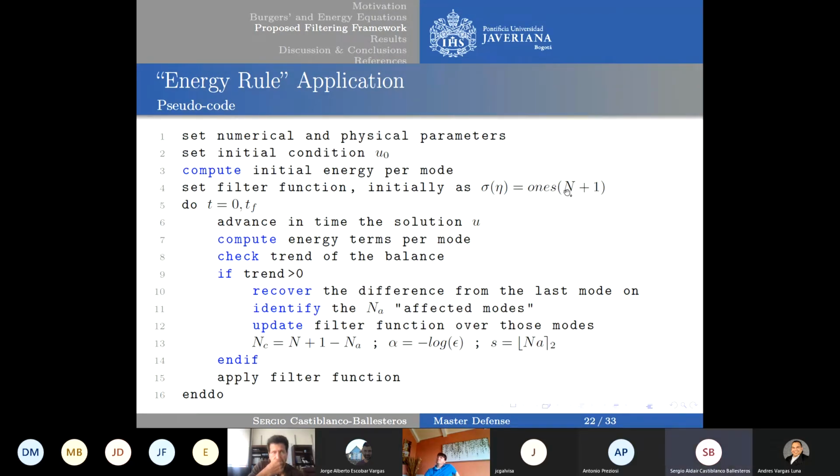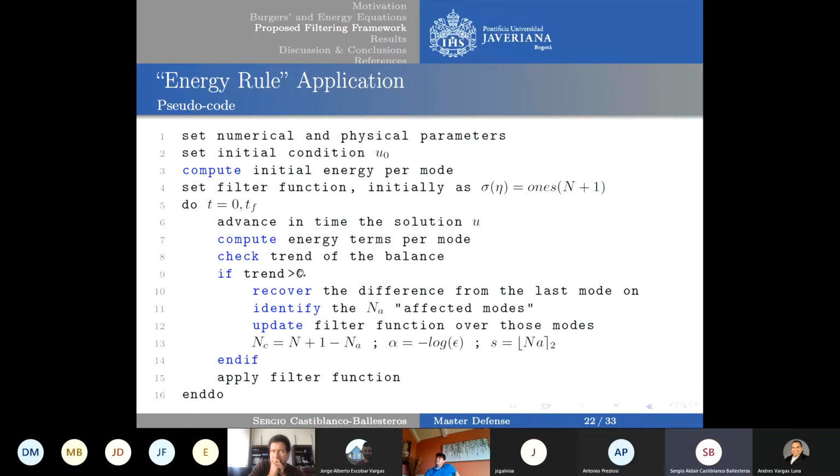We advance the solution. Then we compute the energy terms of the balance energy equation per mode. We check the trend of the balance, and if the trend is greater than 0, we recover the difference from the last mode on. That is to say, starting from higher frequency modes, recovering the difference enough to make the trend equal 0 at least.